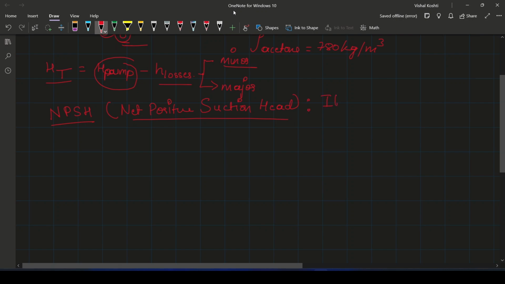It is the minimum pressure at the suction or inlet of the pump to prevent cavitation.